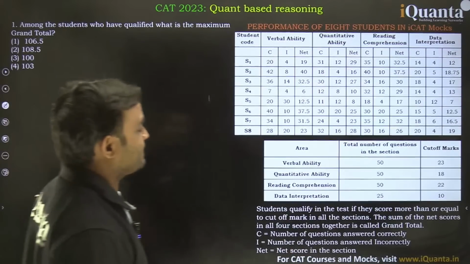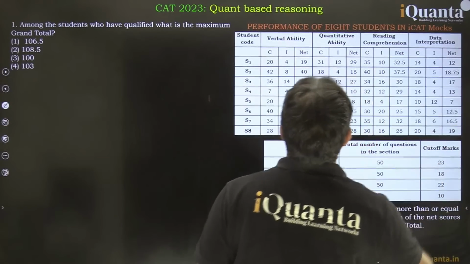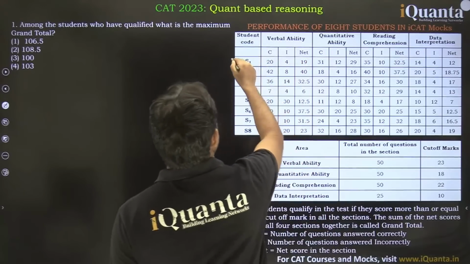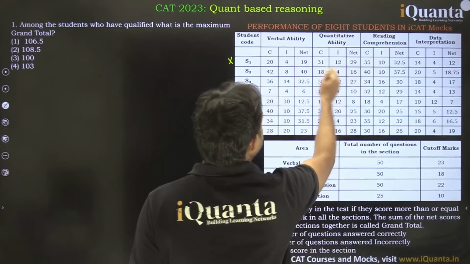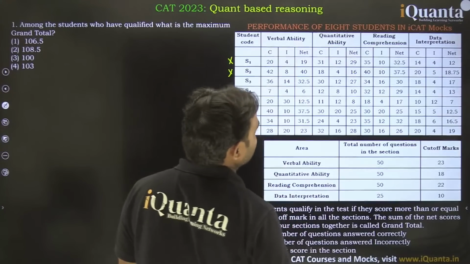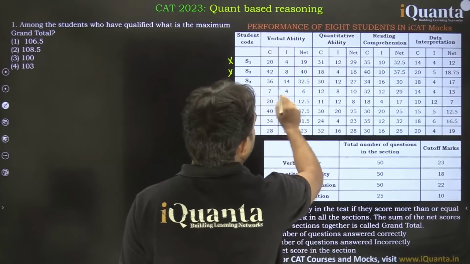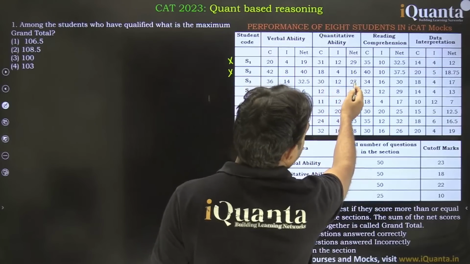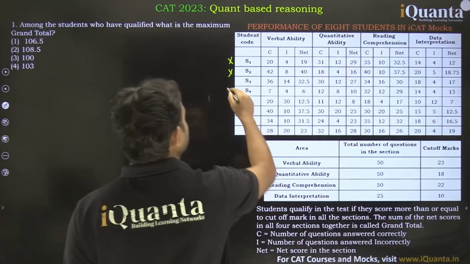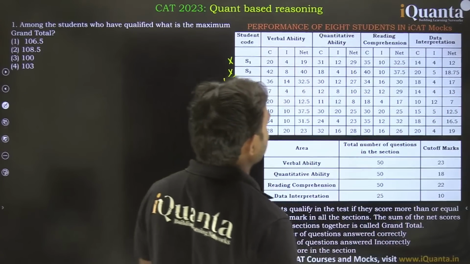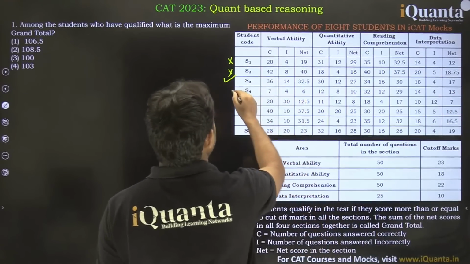Who have qualified? 23, 18, 22, 10. Let's check this. 23, not S1, S2. 23, this is 16, less than 18. S2 is not qualified. Next, for S3, 30, more than 27, 30, more than 10. So, S3 has qualified. What about S4? 6, not qualified.